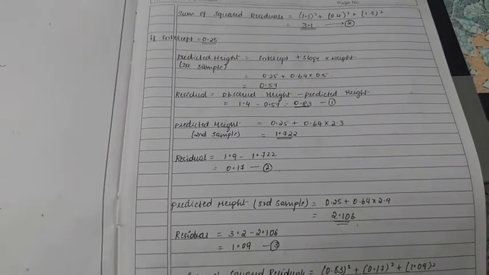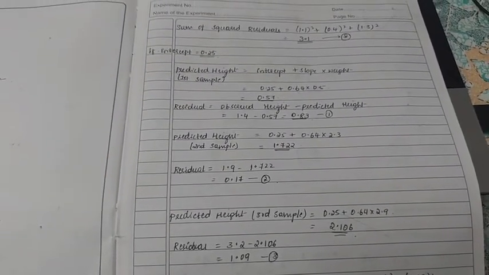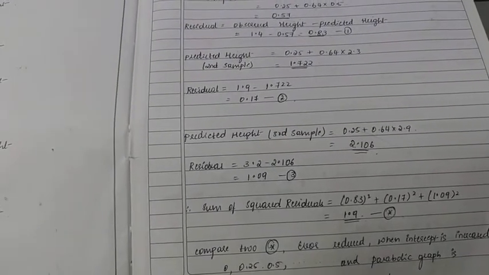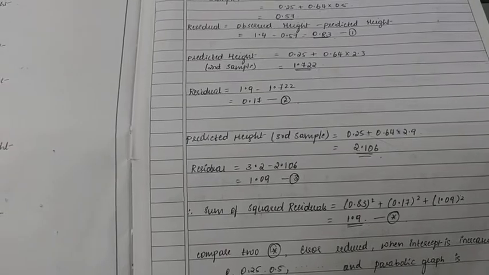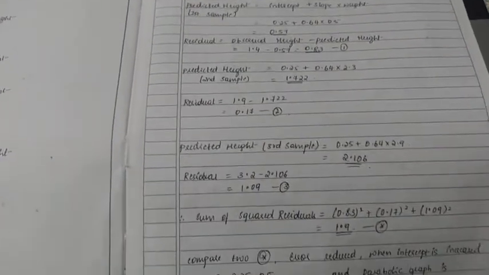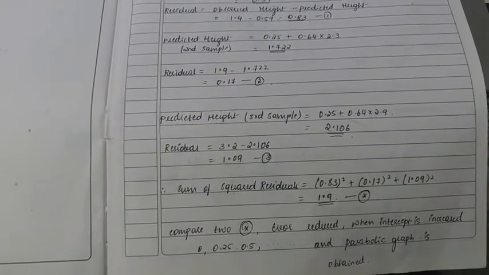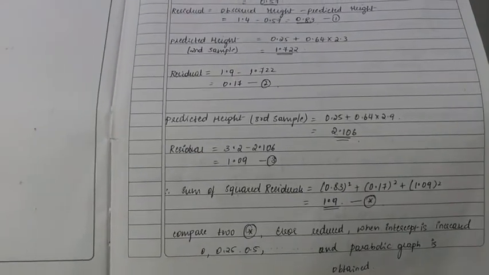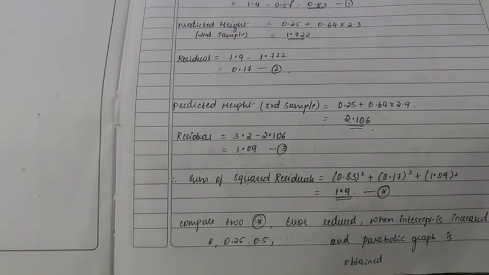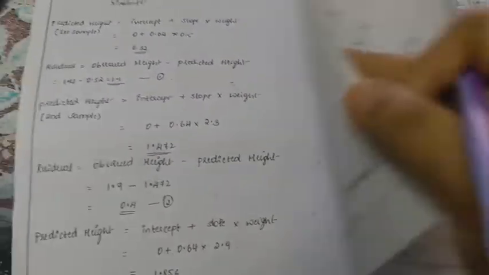We compared the two values: the first value, when the intercept was 0, is 3.1, and when the intercept is 0.25 the value is 1.9. Since 1.9 is less than 3.1, we say that as the intercept value increases, we get a perfect parabolic graph. When we get a perfect parabolic graph, we get a reduced error.